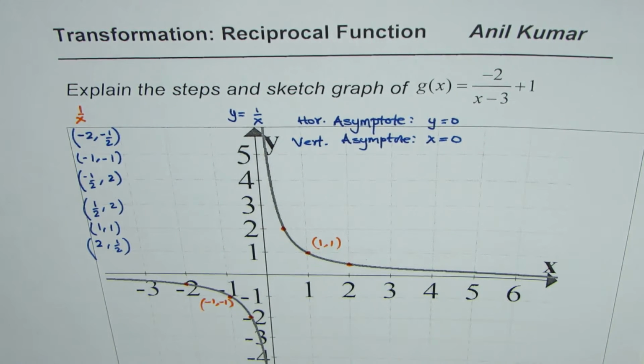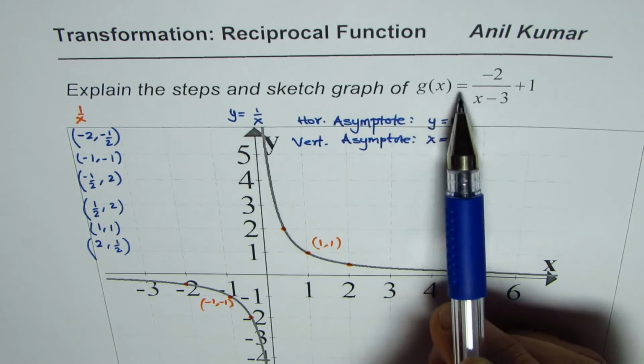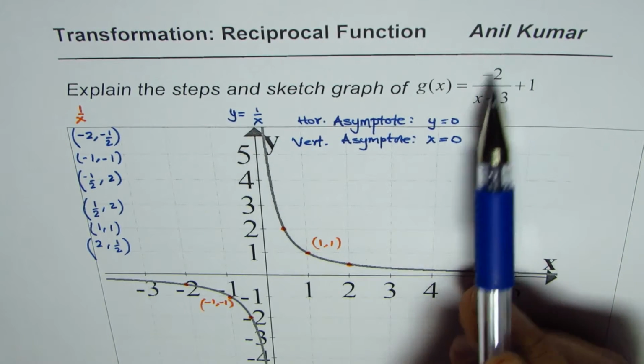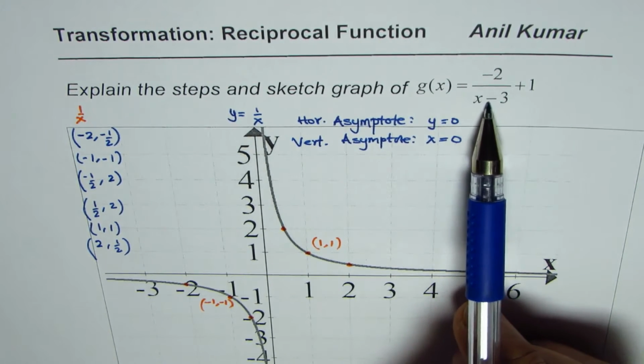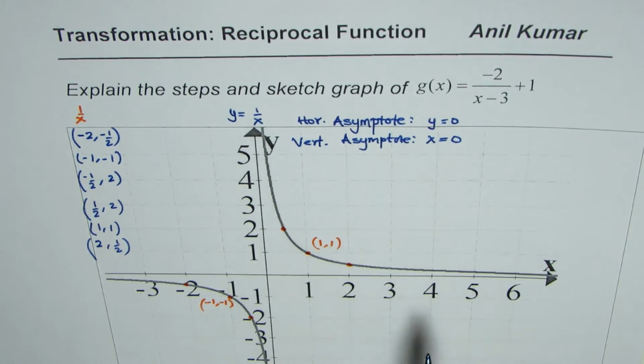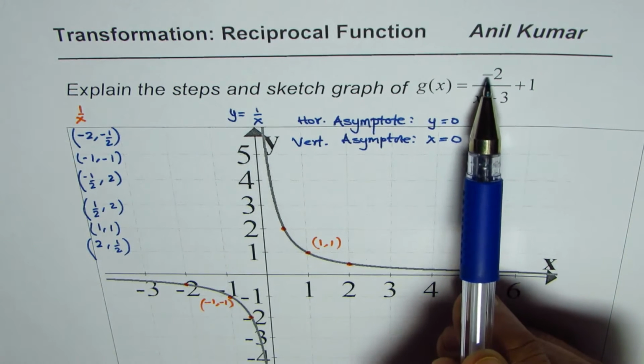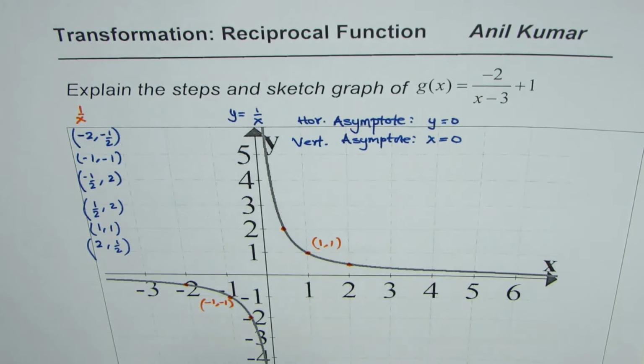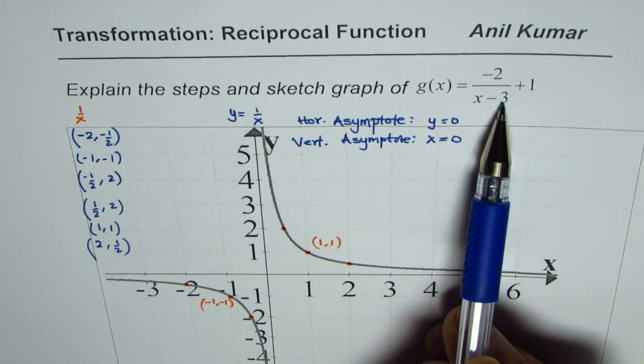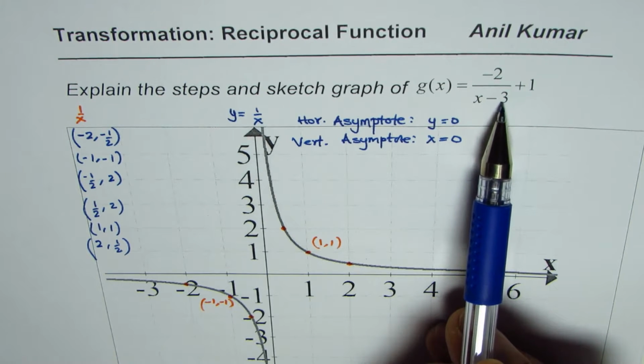Now let us look into the transformations. In the given function, g of x is equal to minus 2 over x minus 3, plus 1. The minus indicates reflection on the x-axis. The x minus 3 indicates horizontal translation by 3 units.